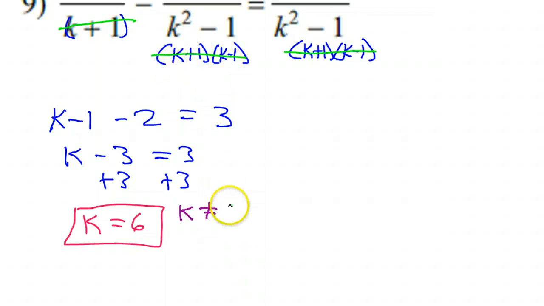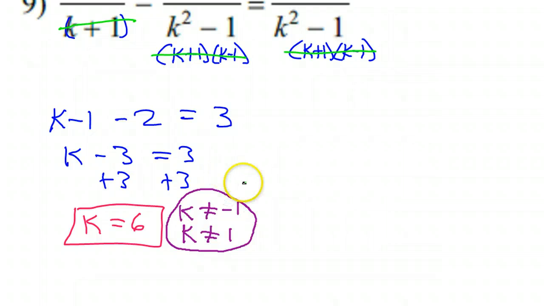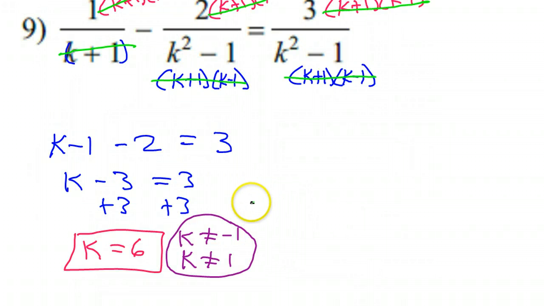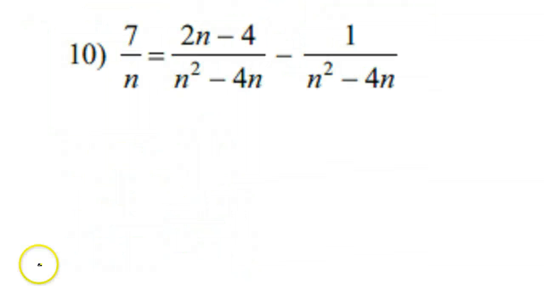All right, k cannot equal -1, k cannot equal +1 because of the two factors. All right, that's the solution to number 9. All right, number 10, GCF.